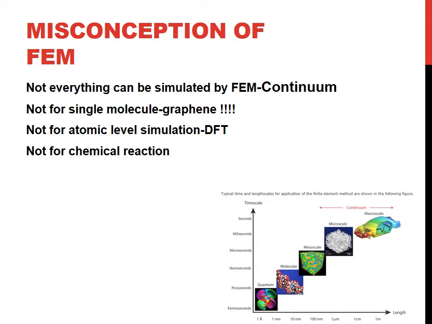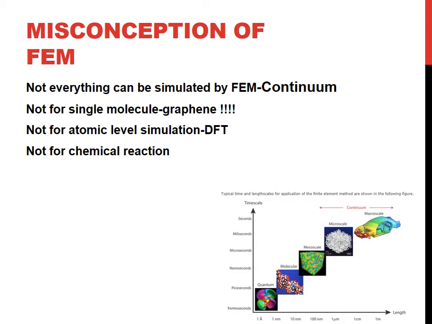If you want to solve something at the atomic or molecular level, I would like to recommend DFT-based software like Material Studio, which uses density functional theory, which is more suitable for such a structure.